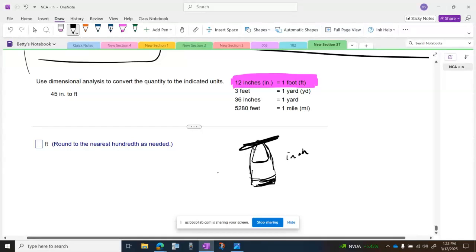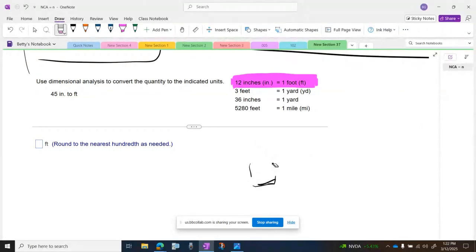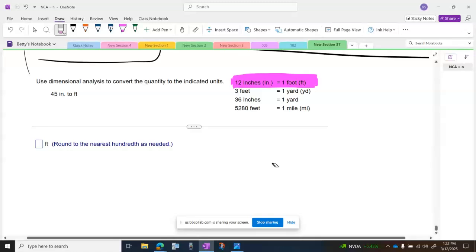Suppose you don't have the manicure, from the tip of your finger, not nail, to the first knuckle, that's about 1 inch. Obviously, an inch is a smaller unit compared with a foot.